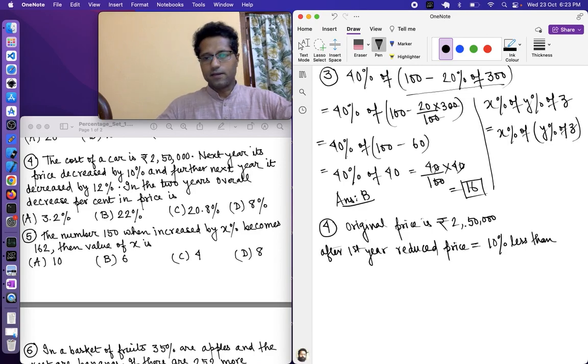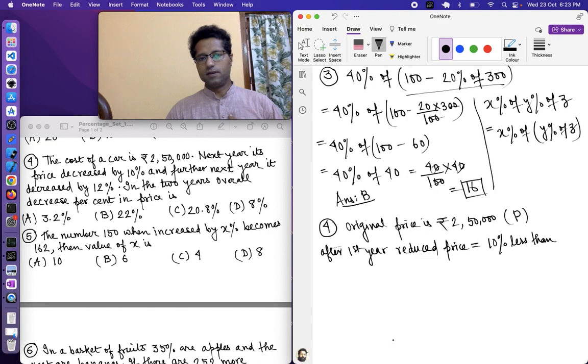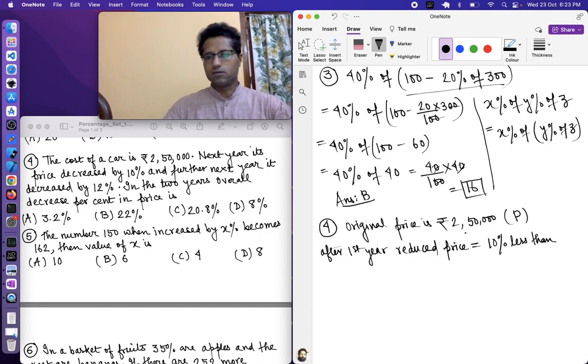Now instead of writing this big figure 2,50,000 again and again, let's call the original price P, where the value of P is actually 2,50,000, so that it will be convenient to solve the problem. Instead of writing 2,50,000 again and again, it will be easy to write P. So after the first year, the reduced price will be 10% less than P.